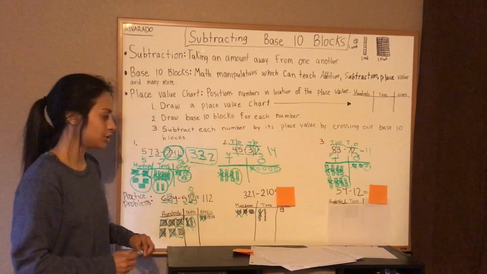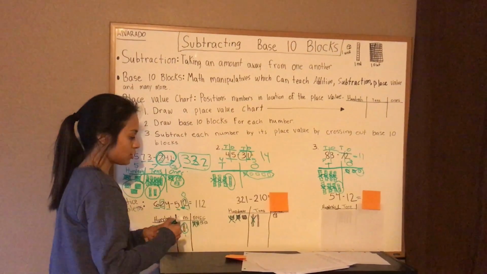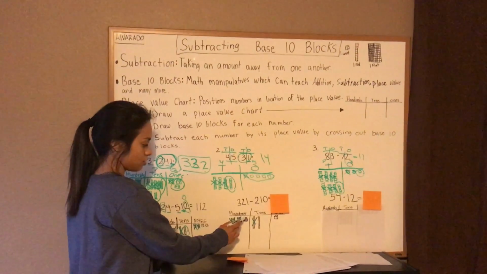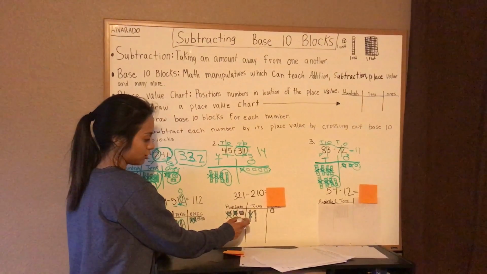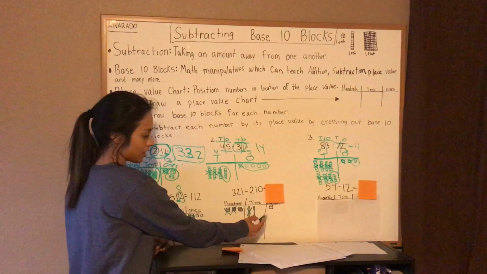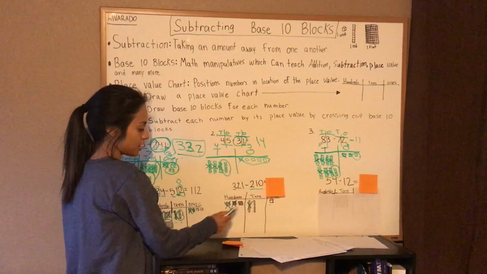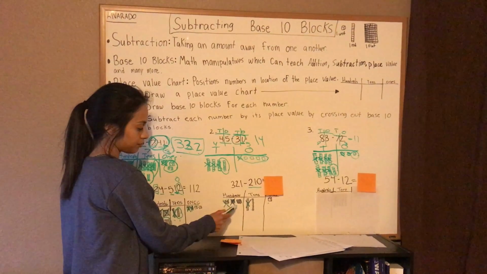So now our next one is, show you the work. We have 321 subtracted by 210. So you can see how we drew 3 flats, 1, 2, 3. We drew two rods, so 1, 2 for 20. And then we went ahead and we drew 1 unit. So on this, we're subtracting 210, so you see how we crossed out 2.